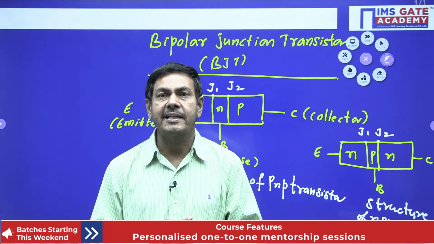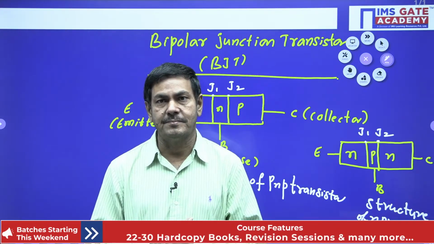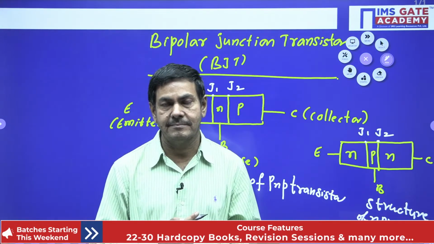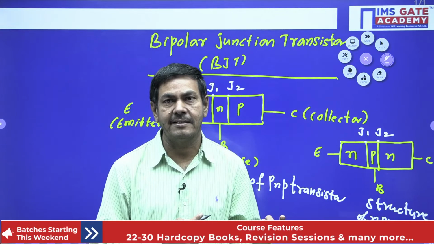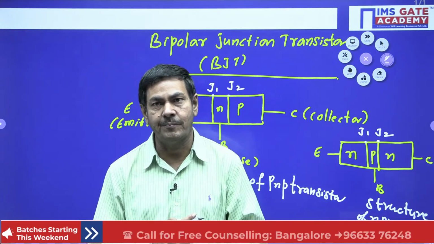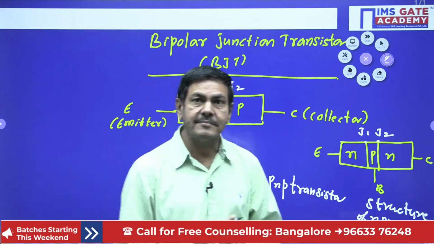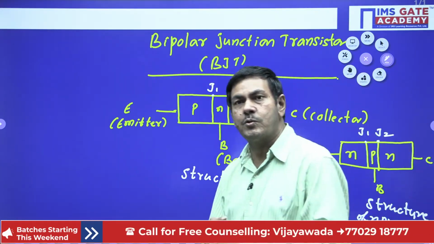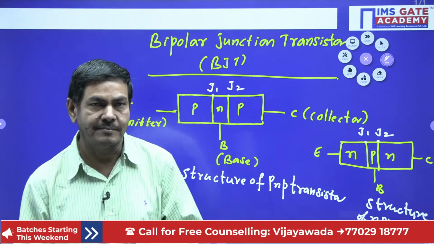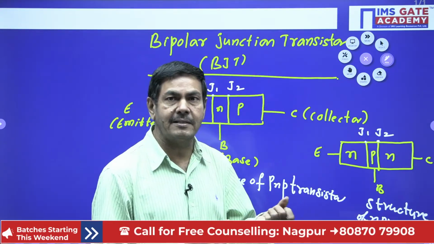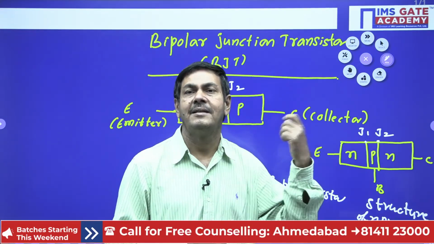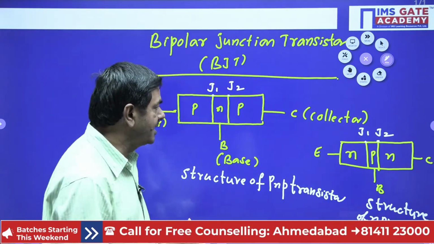If you want to get more collector current, in that case we need to use the NPN transistor. NPN we need to select if you want to get more collector current. If you want to get less collector current, in that case we can use the PNP transistor only now. That means based upon the collector current we can select in practical application whether it is a PNP or NPN transistor. Understand now.